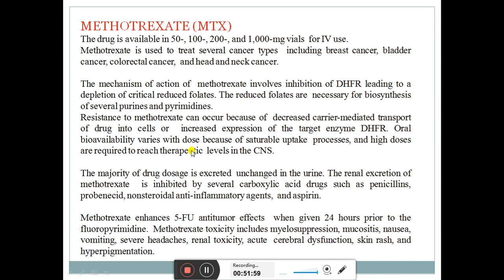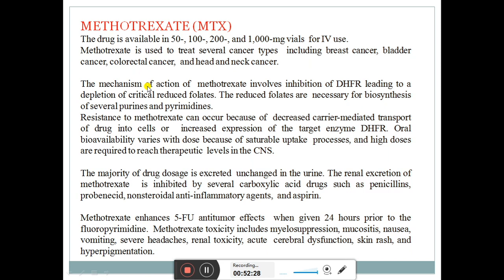So the next drug is methotrexate. This is a folate antimetabolite or folate analog. The drug is available in doses of 50, 100, 200, and 1000 milligrams in a vial, given intravenously. Methotrexate is used to treat several cancer types, including breast cancer, bladder cancer, colorectal cancer, and head and neck cancer.